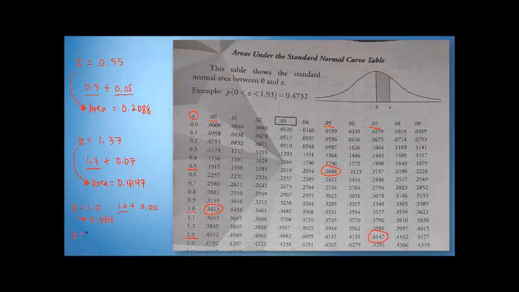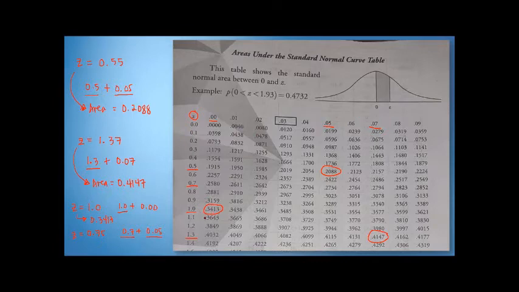Z-score is 0.75. Okay, katumbas siya ng 0.7 plus 0.05. So again, hanapin natin ang 0.7 dito sa first column. Then yung 0.05 hanapin dito sa mga sumunod pang column. So ito yun, 0.05.